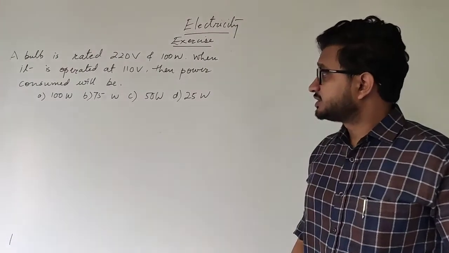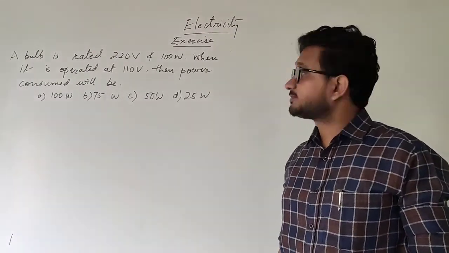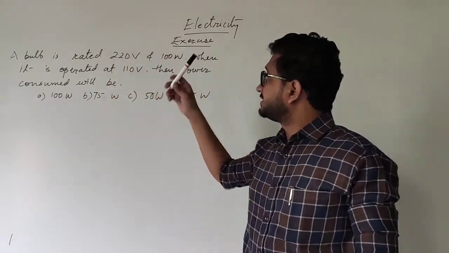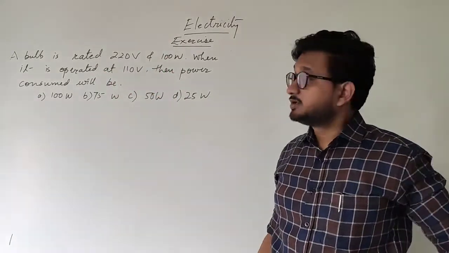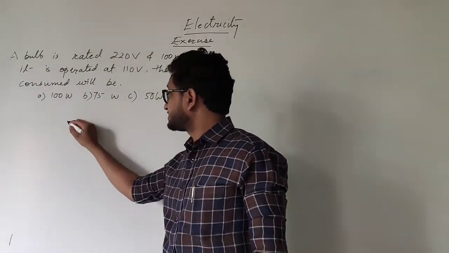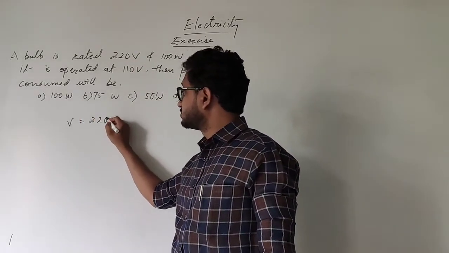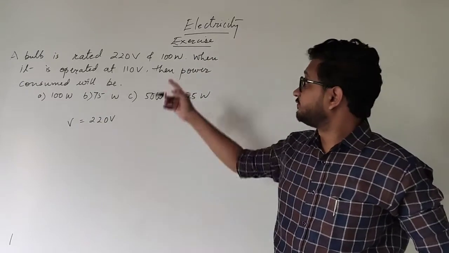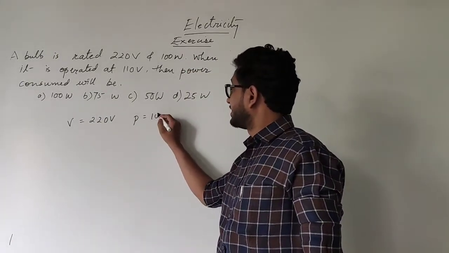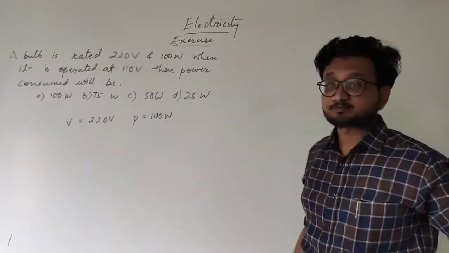Okay, so here we have another question from the exercise. It states that a bulb is rated 220 volts and 100 watt. Now from this you will get two things: volt, that means potential difference V is 220 volts, and watt, that is the unit of power, so power is equal to 100 watts.